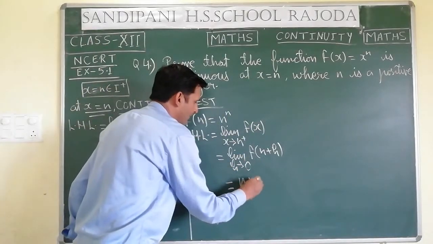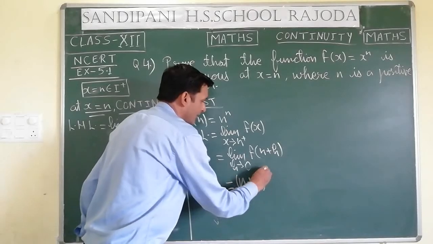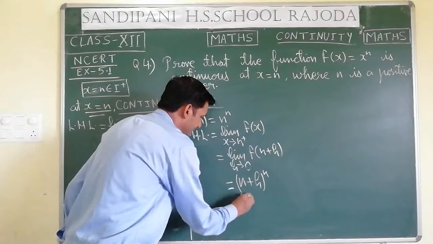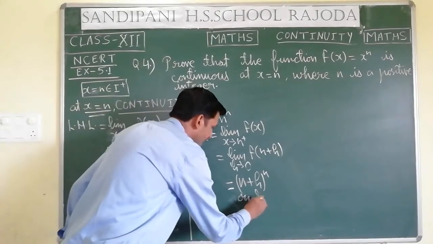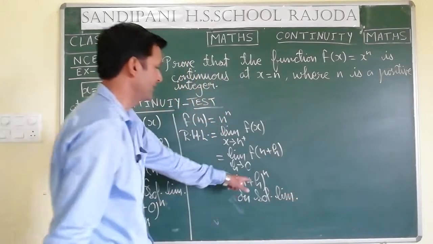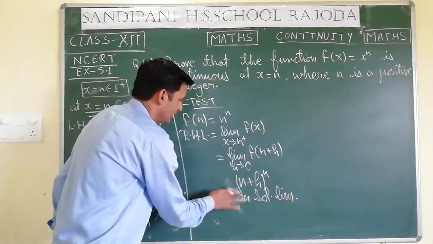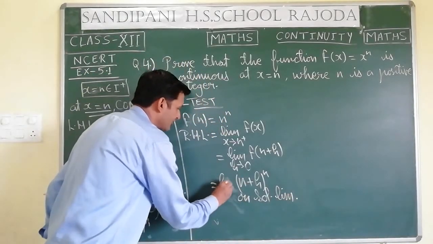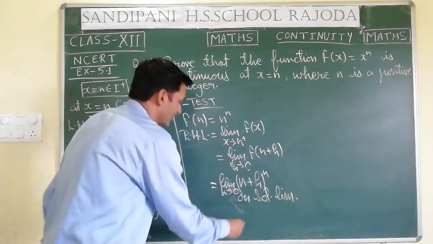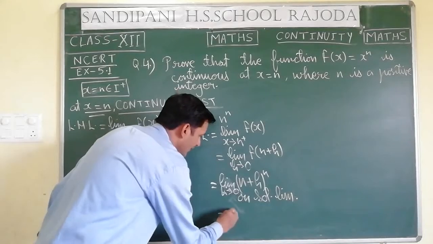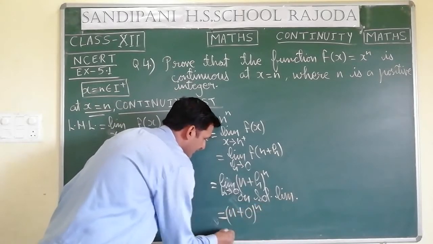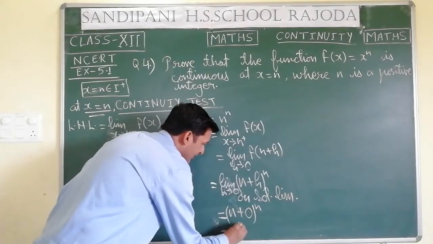So it will be n plus h whole raised to the power n. On solving the limit, we have to put the value of h as 0 here, which is equal to n plus 0 whole raised to the power n. Now it is also equal to n raised to the power n.